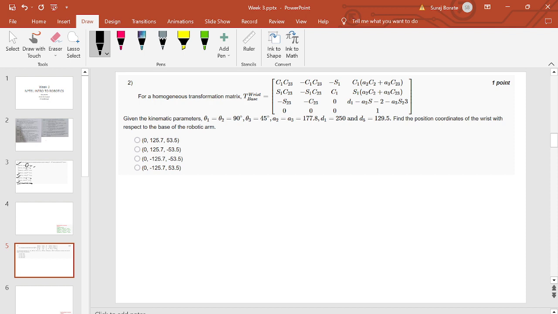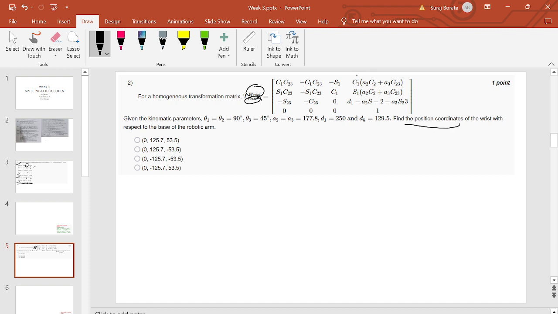They ask for the position coordinates of the wrist with respect to the base. There are no tricks over here; they haven't tried to fool us.